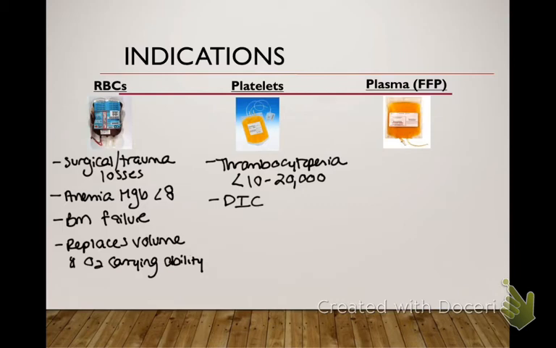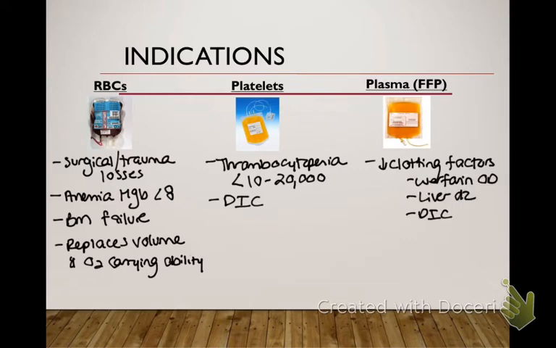They're often in a syringe. Sometimes they're in a bag. But obviously if their platelets are low, we give them platelets. And DIC, you'll learn more about DIC and why platelets are important in test 3.